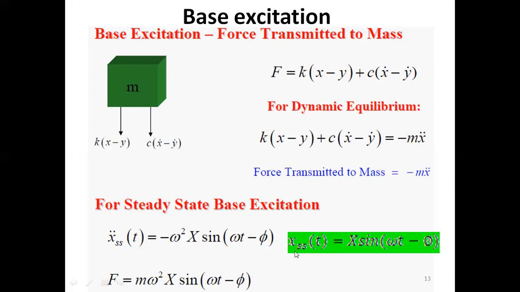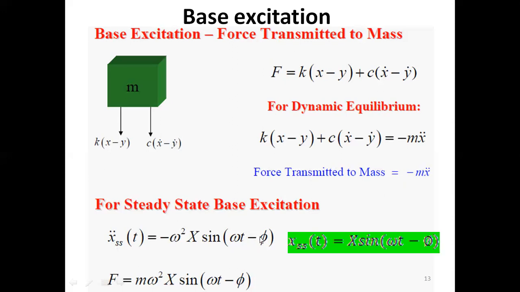Let's say the steady state time response is X sine(omega t minus phi). If we differentiate this twice with respect to time, we get the acceleration at which this mass is vibrating. So x double dot of t is equal to minus omega square X sine(omega t minus phi).